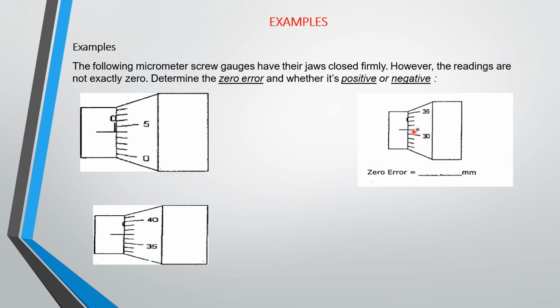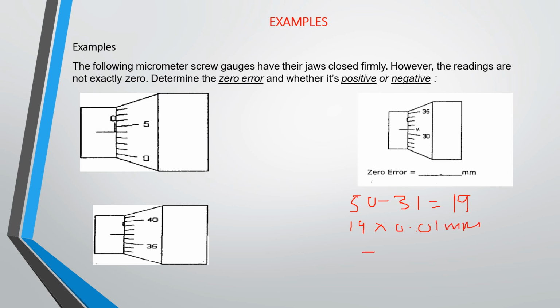This is 30, 31. Subtract 31 from 50. Okay, so you have 50 minus 31. This will give you 19. So multiply your 19 by 0.01 millimeters.